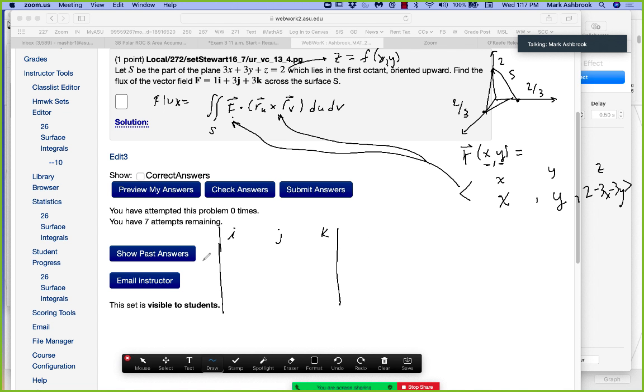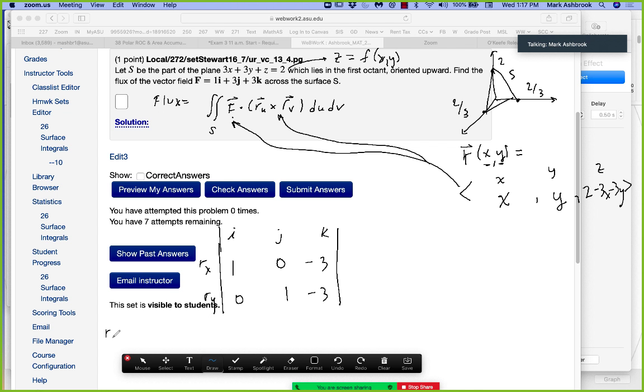So that cross product: i, j, k, and then say rx cross ry is the cross product of the partial derivatives. So we're going to do the partial derivative with respect to x. What are they here? We got 1, 0, and -3. Partial derivative with respect to y is 0, 1, also negative 3.